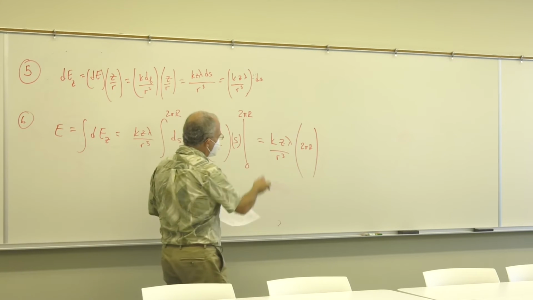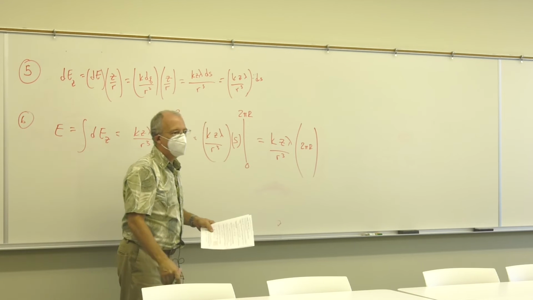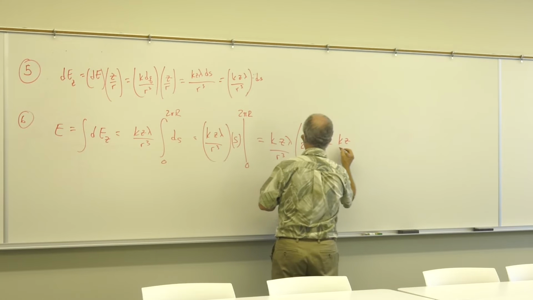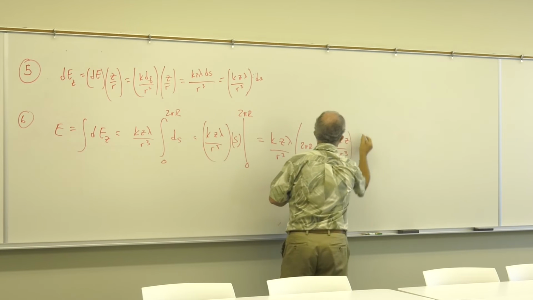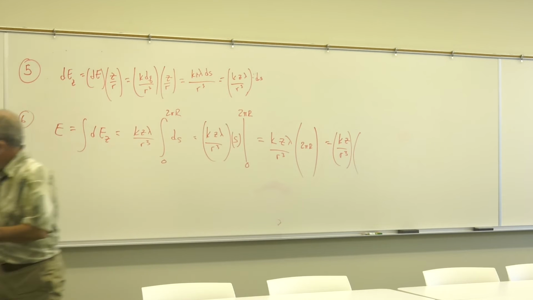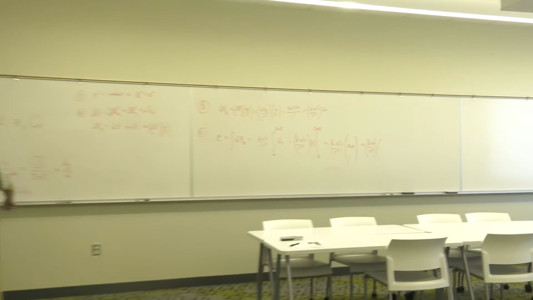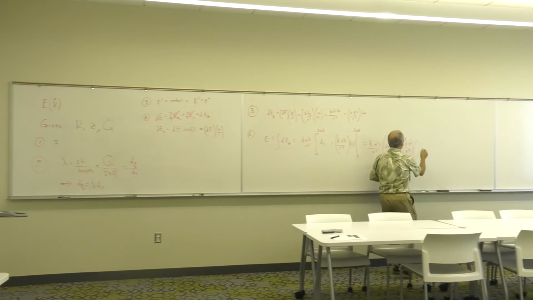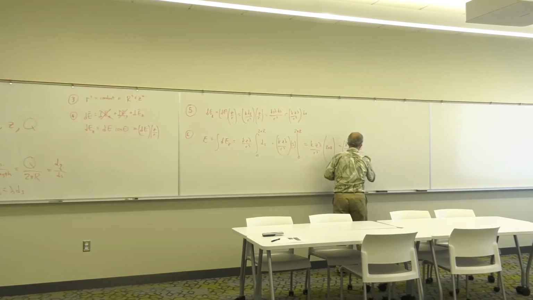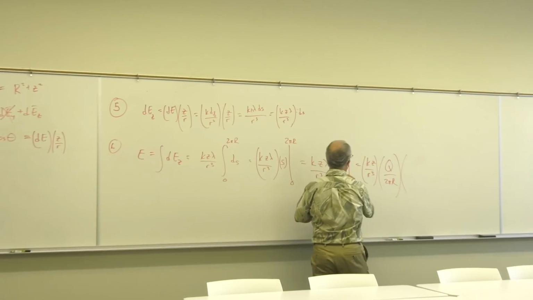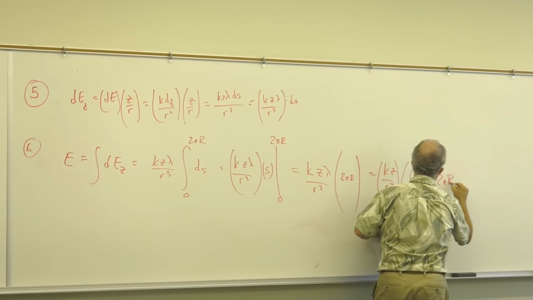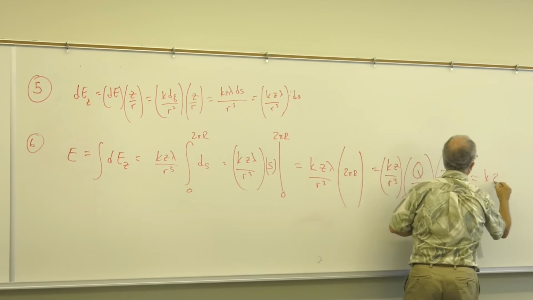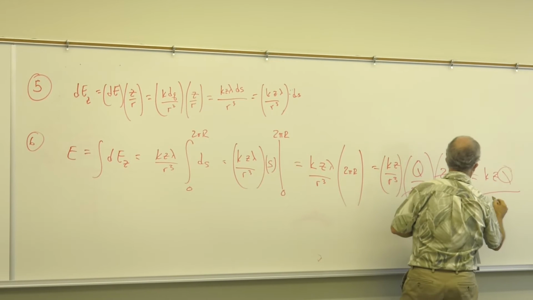So what do you say? We should probably put in our lambda now. Okay, so we have k z over r cubed, put in our lambda. Where's our lambda anyway? Lambda is q over 2 pi r, and then we have 2 pi r. All right, so goodbye. So we have k z q over little r cubed.